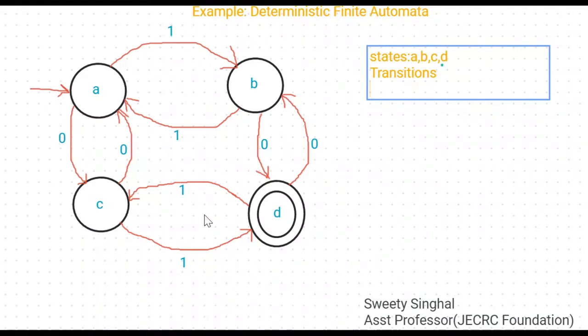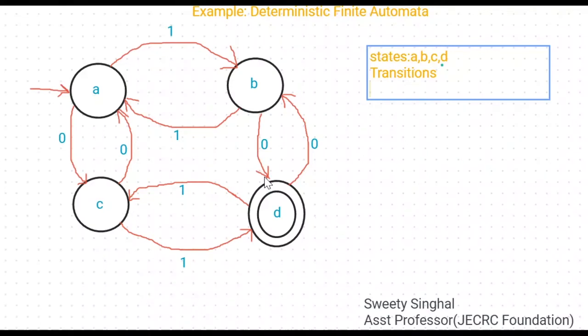Now you can see there is something different about state A and state D. In state A, there is an arrow coming from nowhere, pointing to state A. So what does this represent?